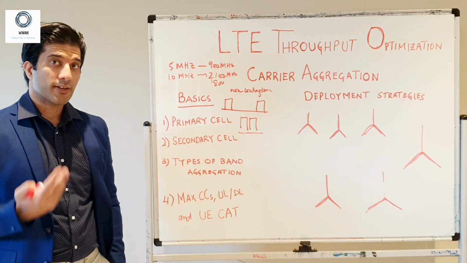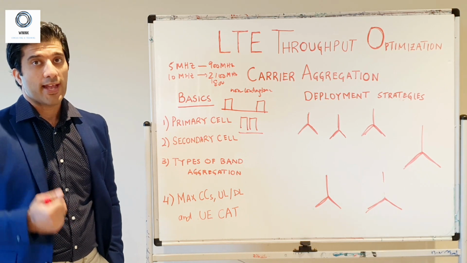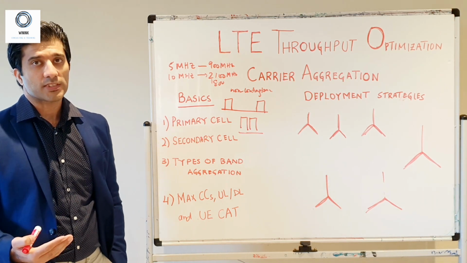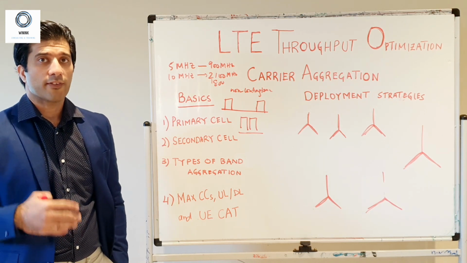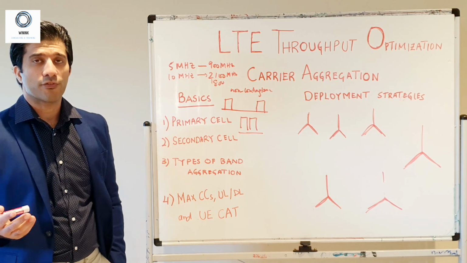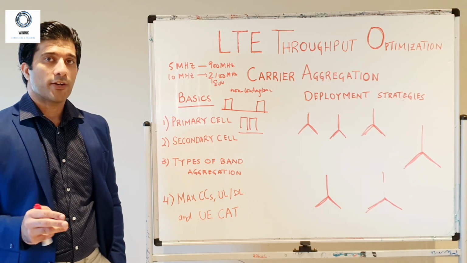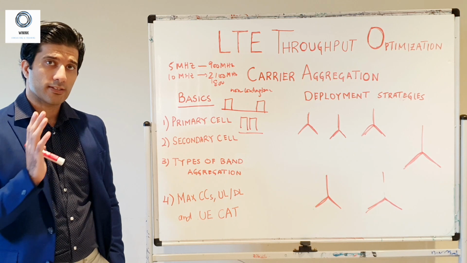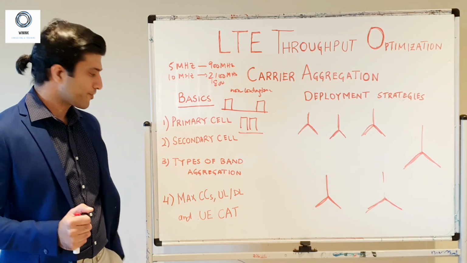That information is exchanged between the network and the UE, and then accordingly the carrier aggregation features are provided to the particular UE. We have different categories of UEs, and you can search that on Google, and that can provide you information about the configuration of a particular UE.